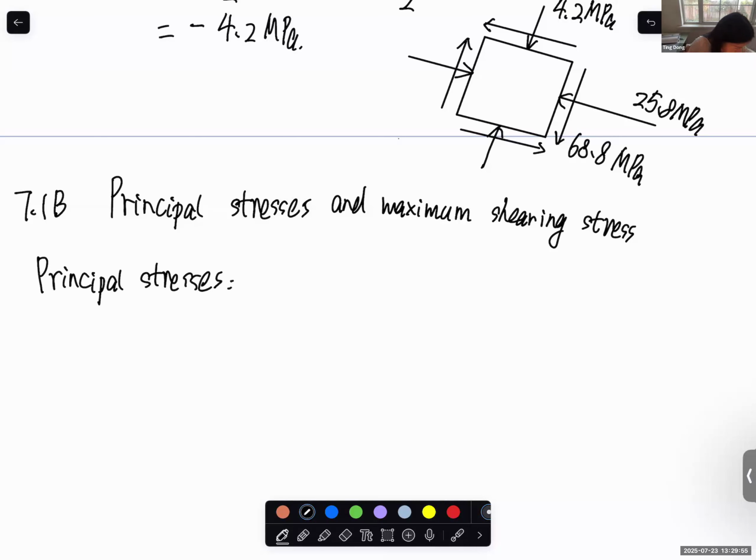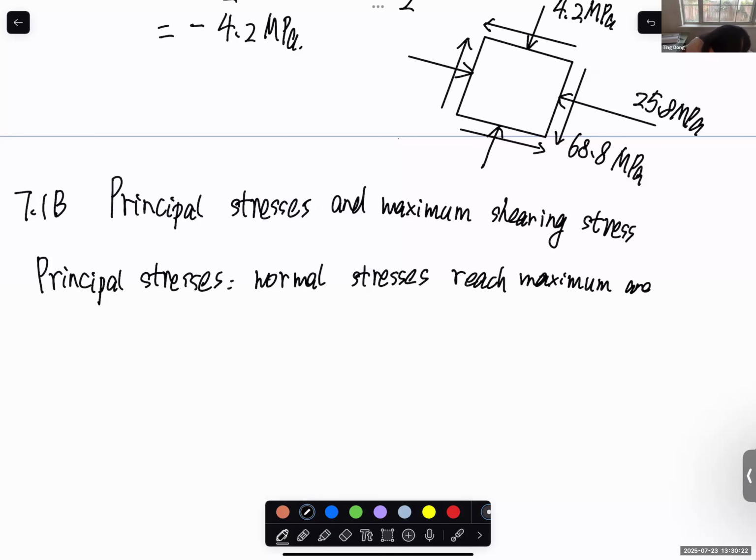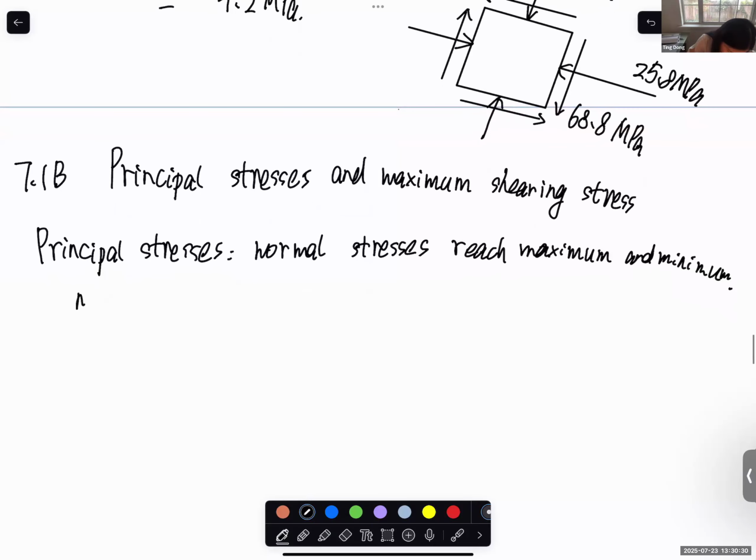Normal stress reaches maximum and minimum, no shear stress. Shear stress disappeared.